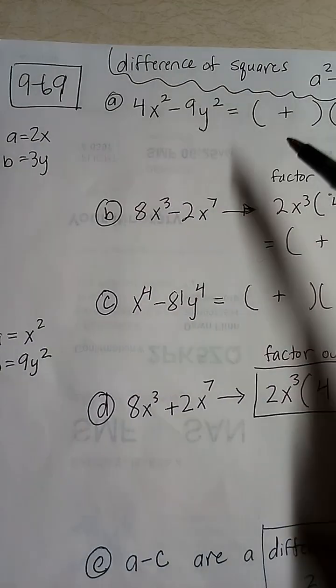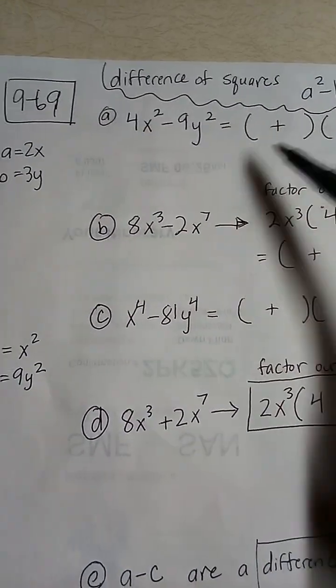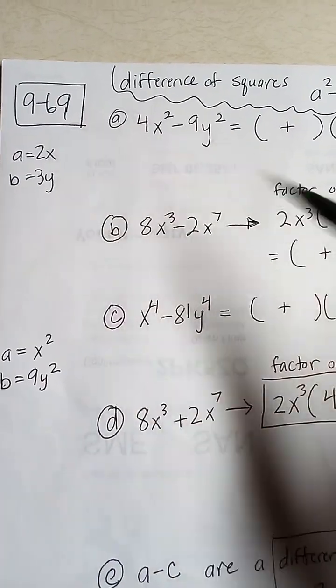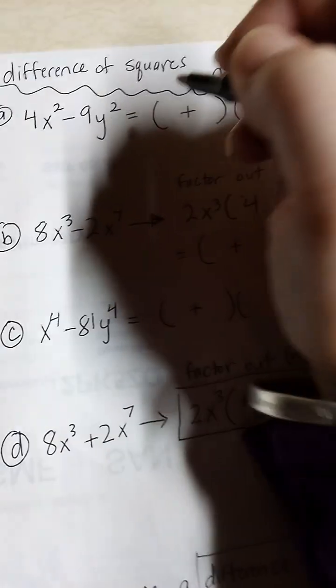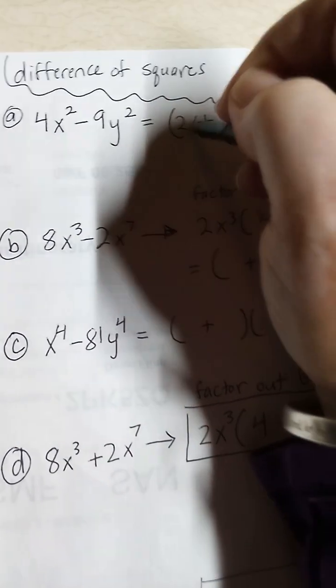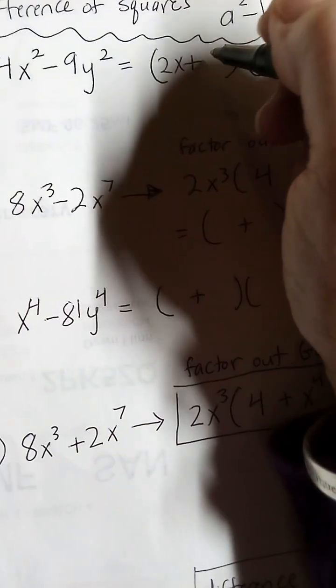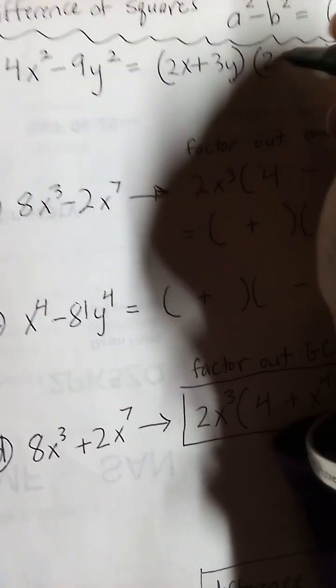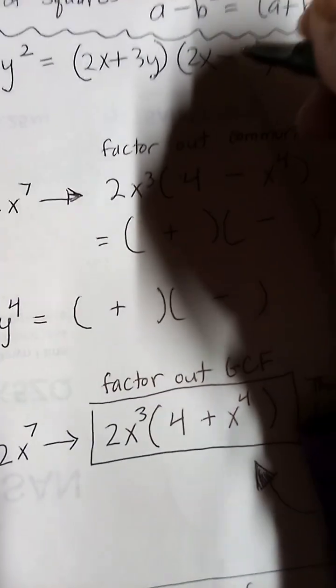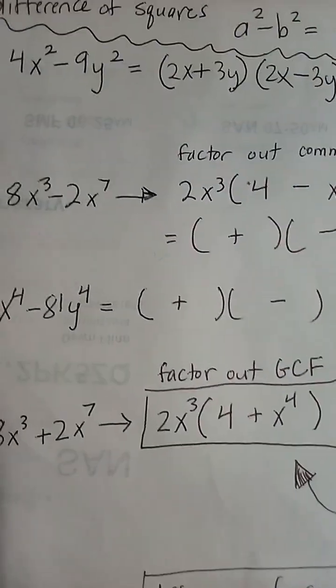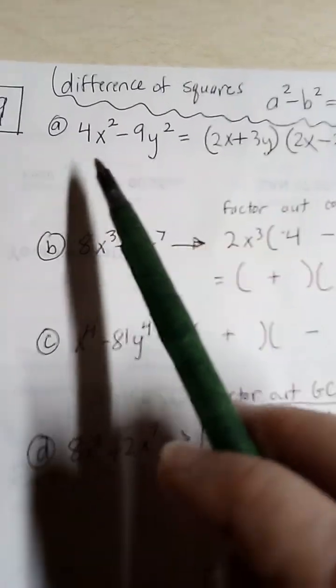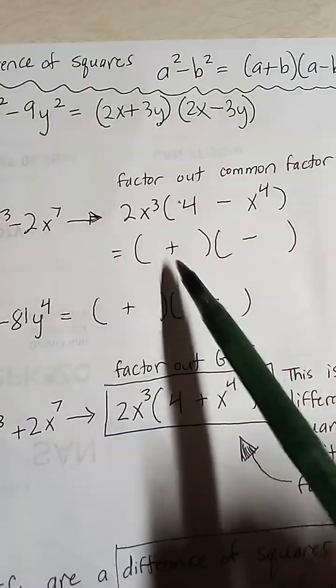And then all you have to do is write it as a plus b and a minus b. So I'm going to write this as 2x plus 3y and 2x minus 3y.